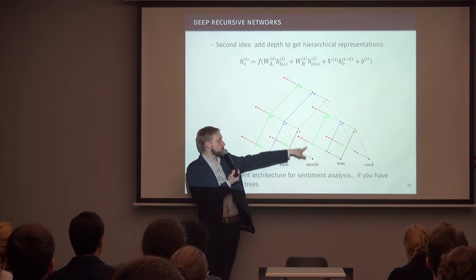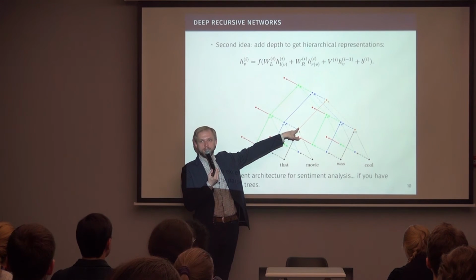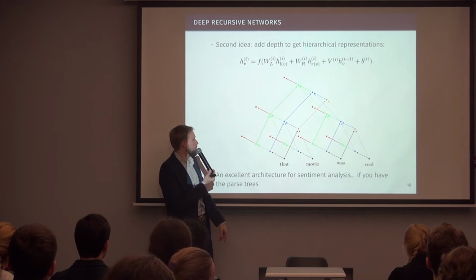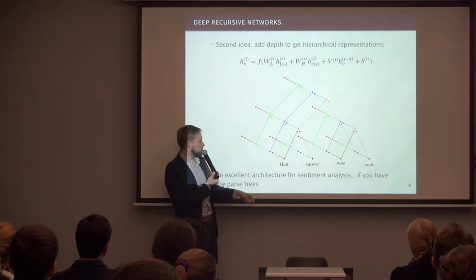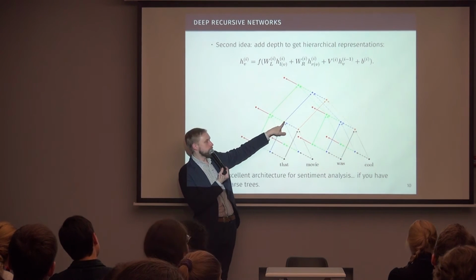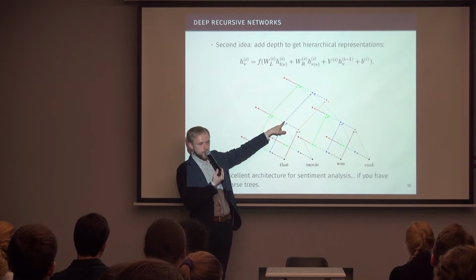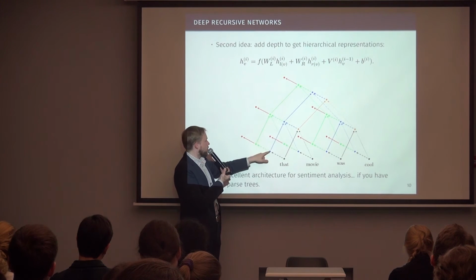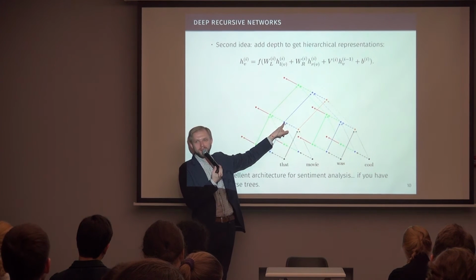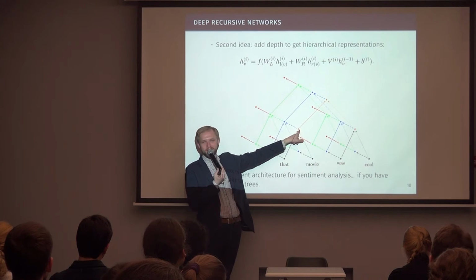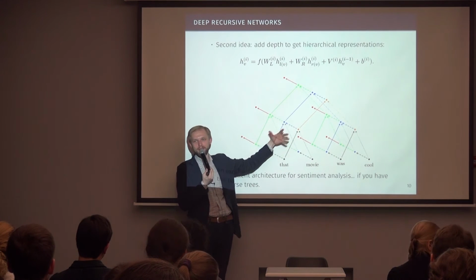But now we also have the next layer, and the next layer takes as input the same layer's previous vectors and the previous layer's vectors here. So this is like a three-dimensional structure.